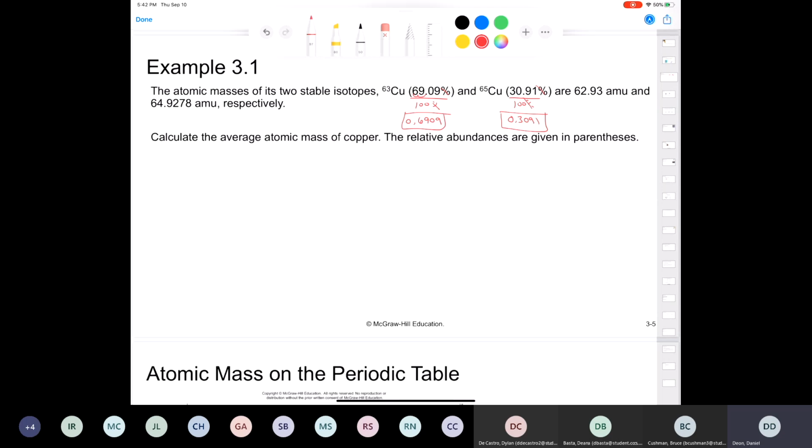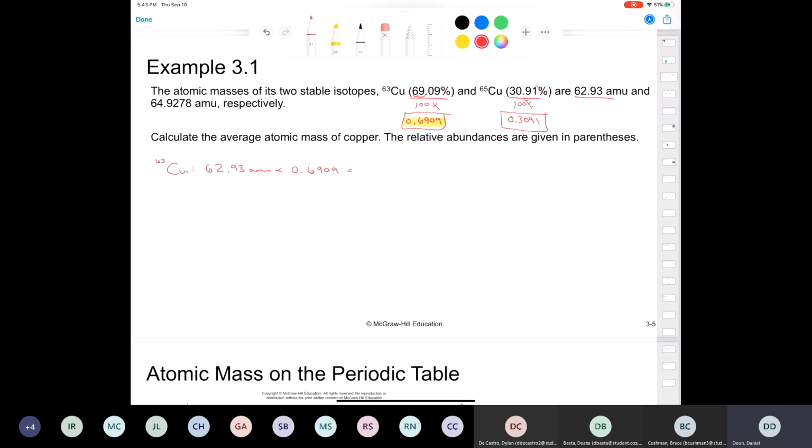So for copper-63, we have our atomic mass, which is 62.93 AMU, and we're going to multiply it by its relative abundance, which is 0.6909. Now let's take our calculators.